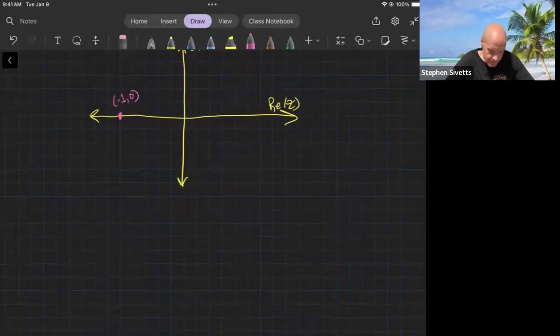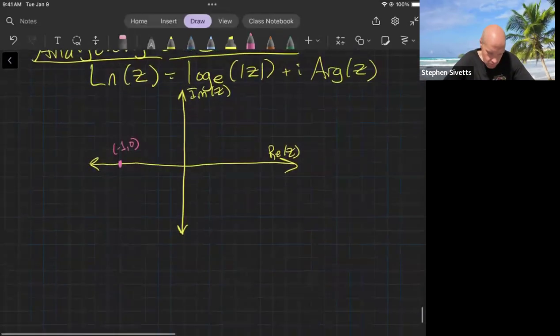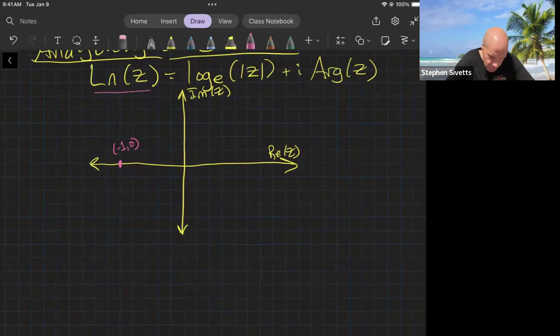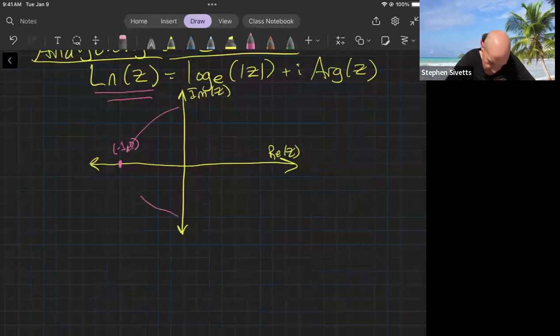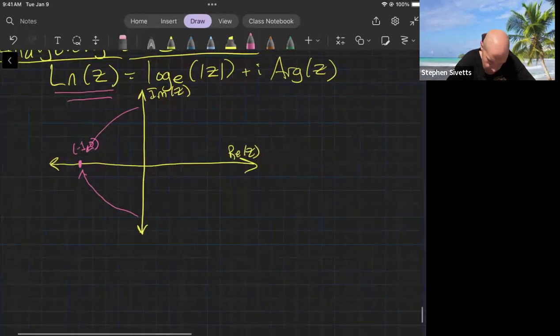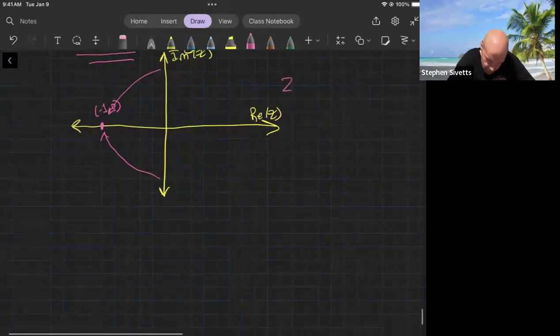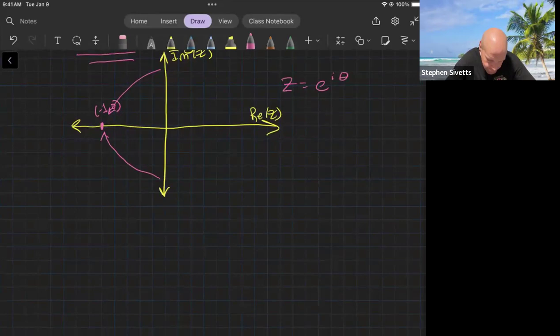We're going to look at what the limit of the natural log of z would equal as we approach this point along a circular path of radius 1, right? So in this case, z is equal to e to the i theta, right?